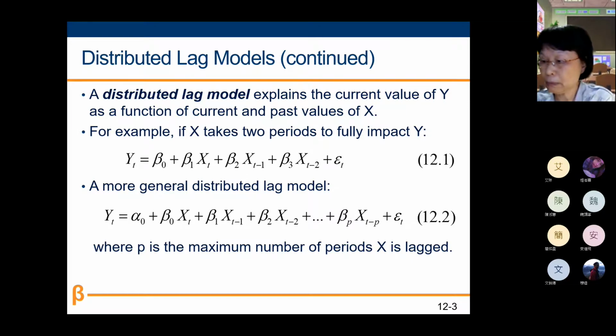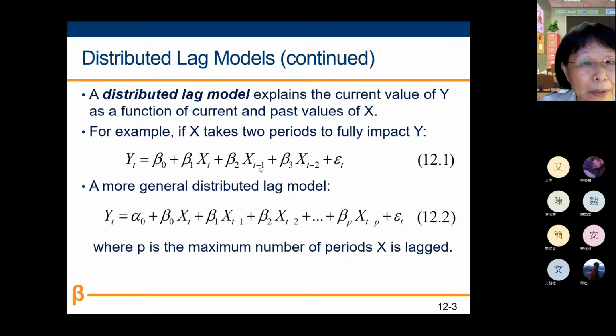Okay, then with the data, since we need to have t-1 and t-2, suppose we have a sample size of 100.